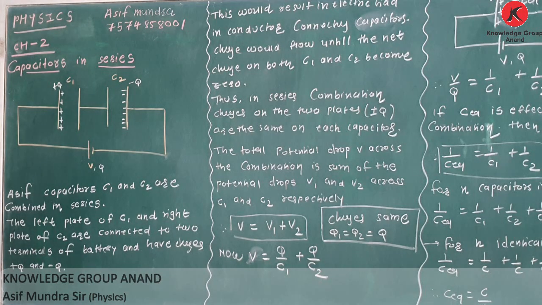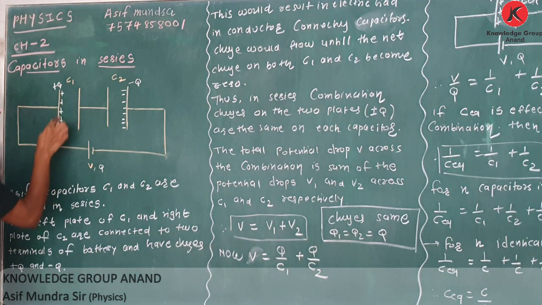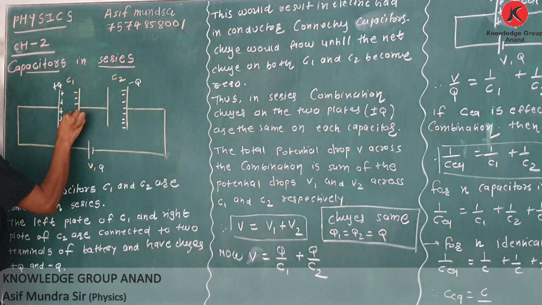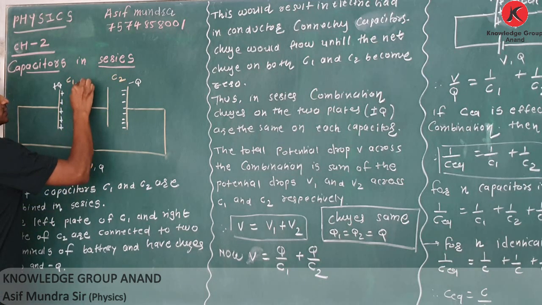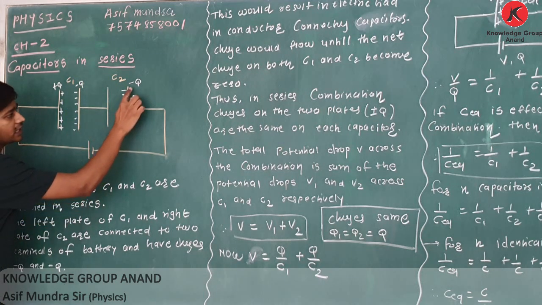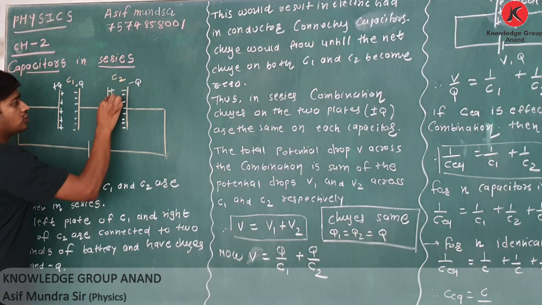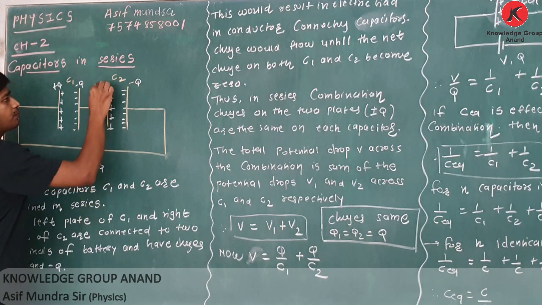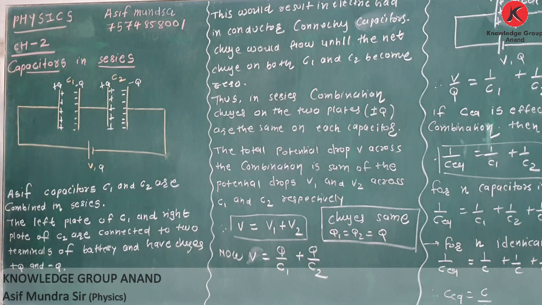When the total charge becomes 0, on C1 this plate has charge plus Q, so if this plate has minus Q charge, and on C2 negative charge minus Q, then on this side plus Q charge flows. Clear? So due to the electric field produced in the conductor connecting the capacitors, charges flow until the total charge on capacitors C1 and C2 both becomes 0.